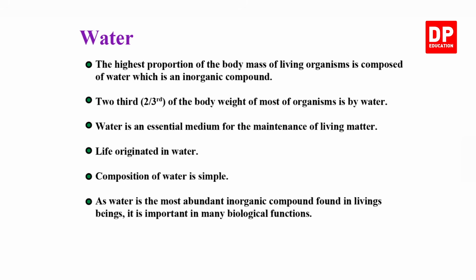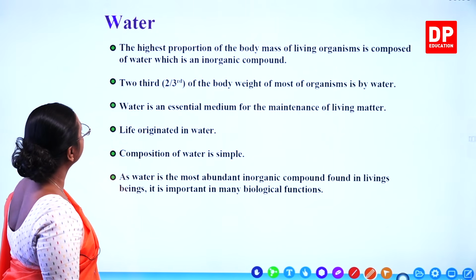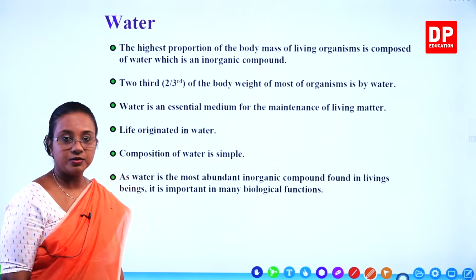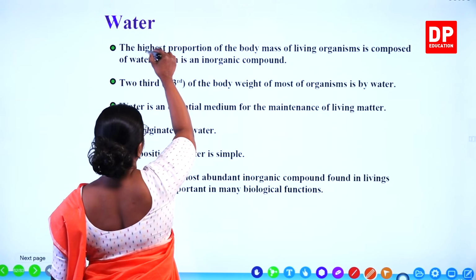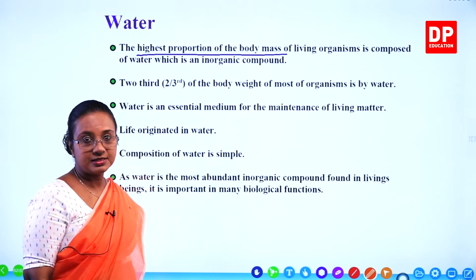Water, the highest proportion of the body mass of living organisms, is composed of water, which is an inorganic compound. So here we have to note, highest proportion of the body mass, right?